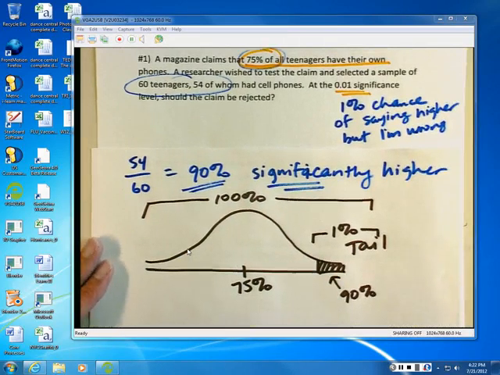What I want to do before we actually start doing some tests is to look at some other examples and start working on the hypotheses.